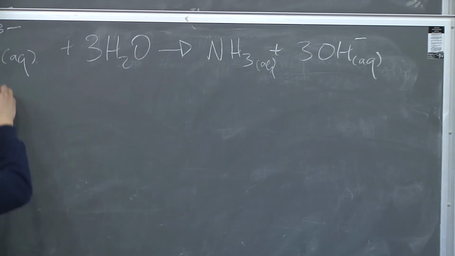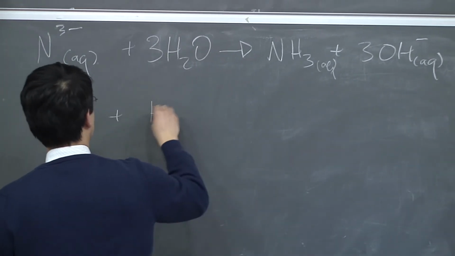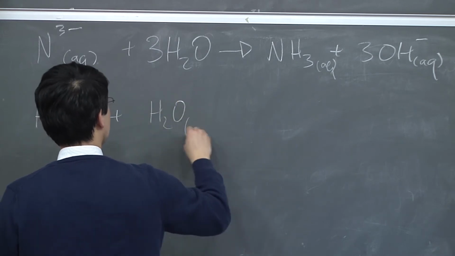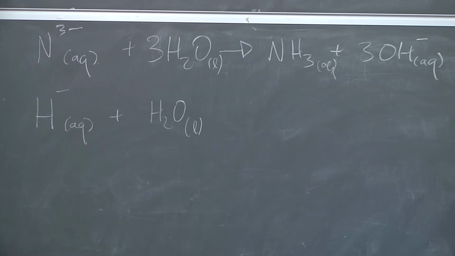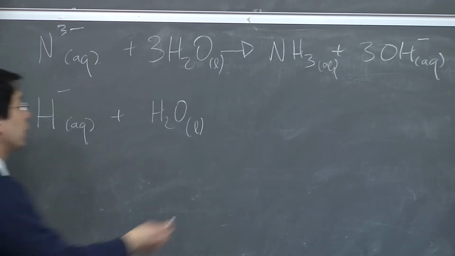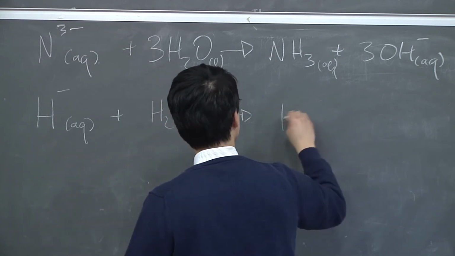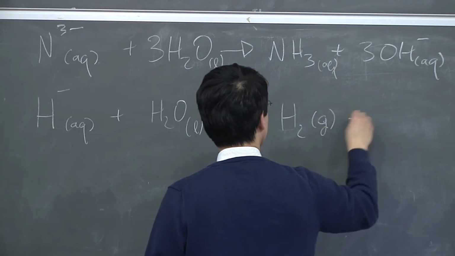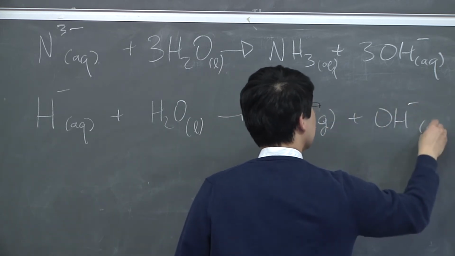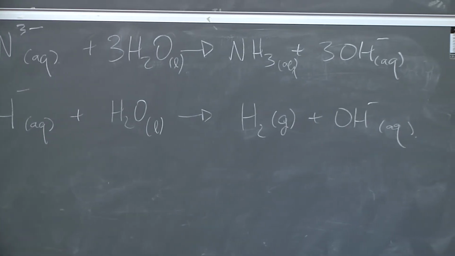And for hydride, H- plus H2O, that's liquid, right? Nope, H2O is not aqueous, H2O is liquid. That's going to give us H+ and H- is going to be H2 gas, right? H2 is hydrogen gas, plus OH-. And so those are going to be your strong bases, right? Hydroxides, oxides, nitrides, and hydrides.